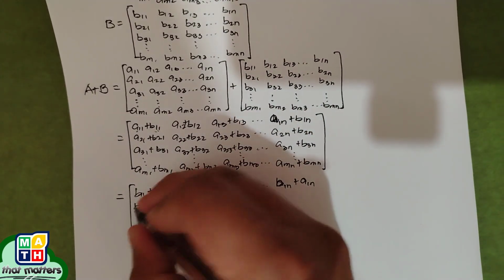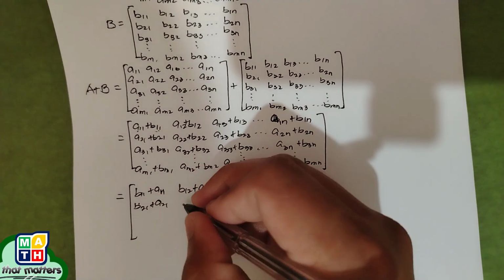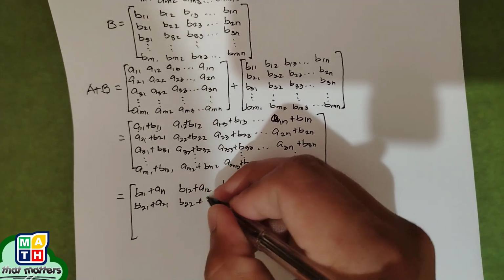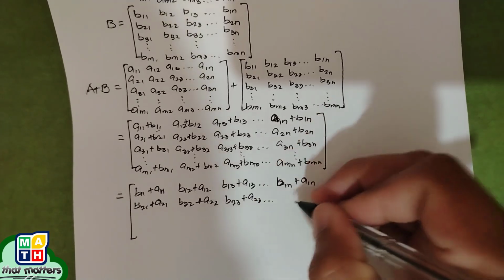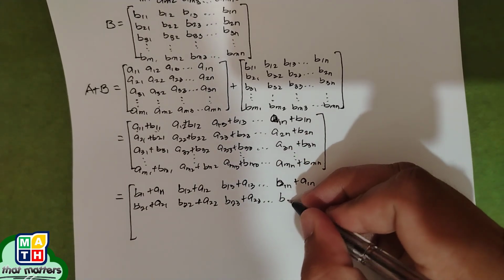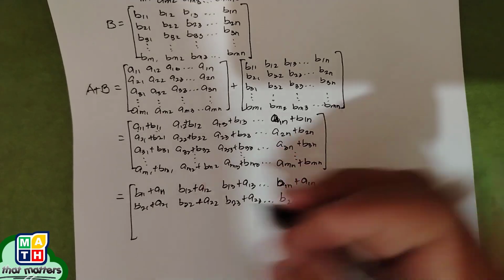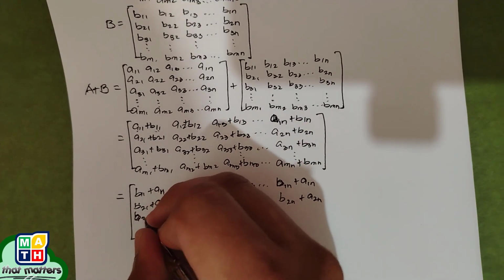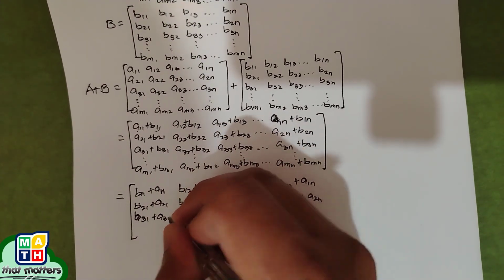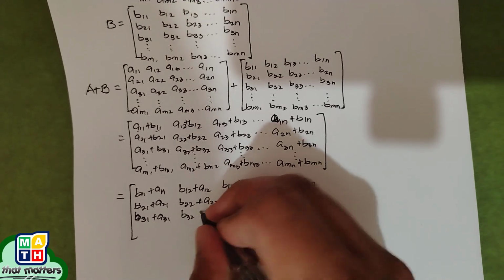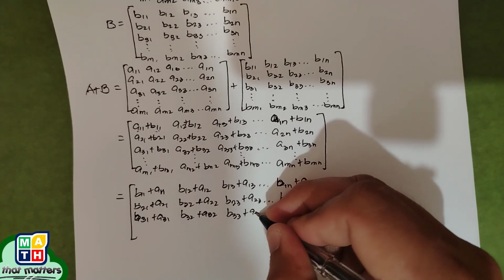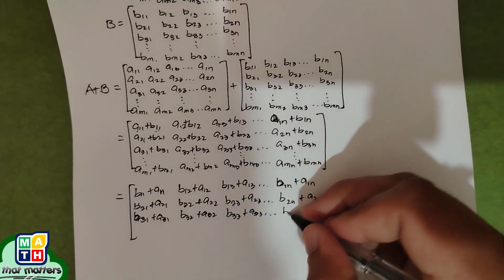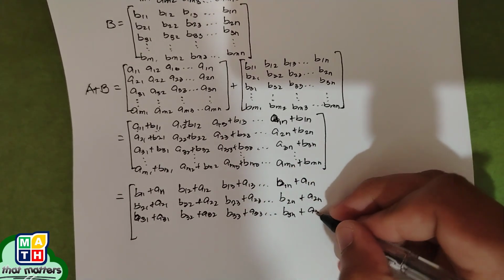So we have B21 plus A21, B22 plus A22, B23 plus A23, B2n plus A2n, B31 plus A31, B32 plus A32, B33 plus A33, until B3n plus A3n.